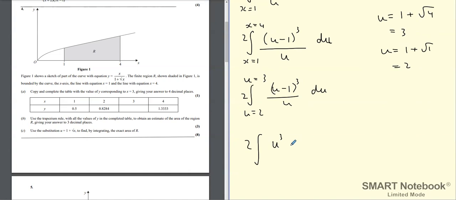So we're going to get u cubed, we've got 3u squared, we've got 3u and then we've got minus 1 here. Now I just want to make sure that I get the signs right.